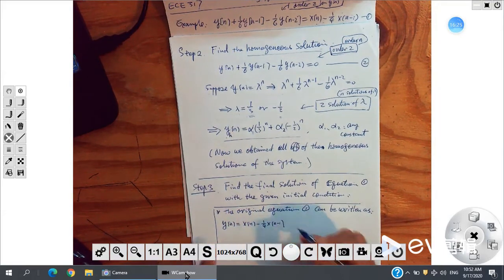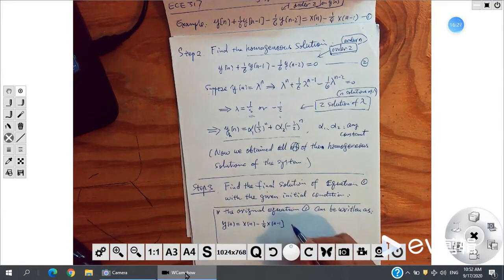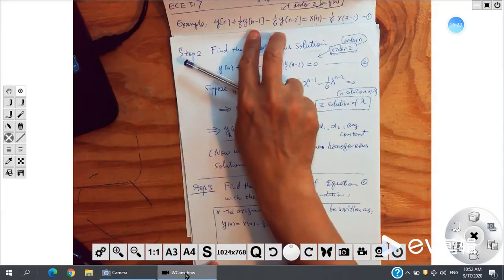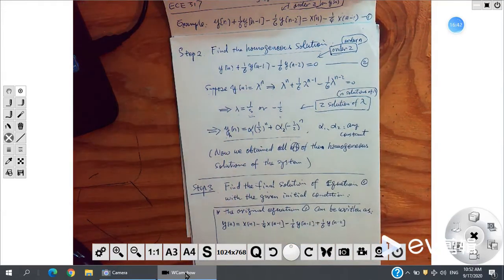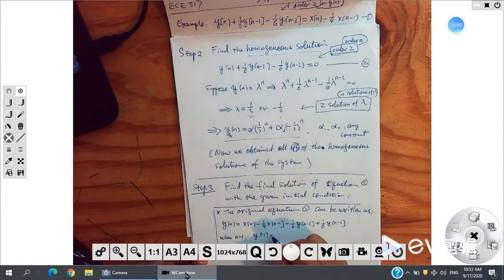They are already on the right side. And now I move two more terms from left to right. So I need minus 1/6 y of n minus 1 and plus 1/6 y of n minus 2. And we have this.